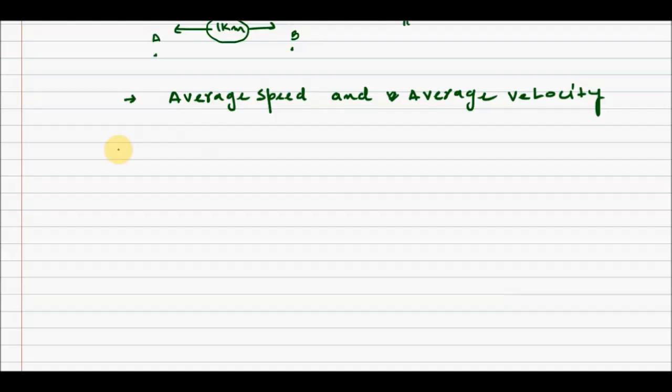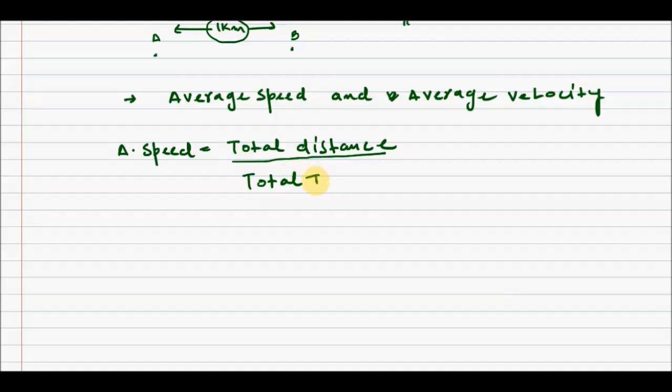Mathematically, average speed is the ratio of the total distance traveled by the object to the total time taken, right? This is mathematically defined.